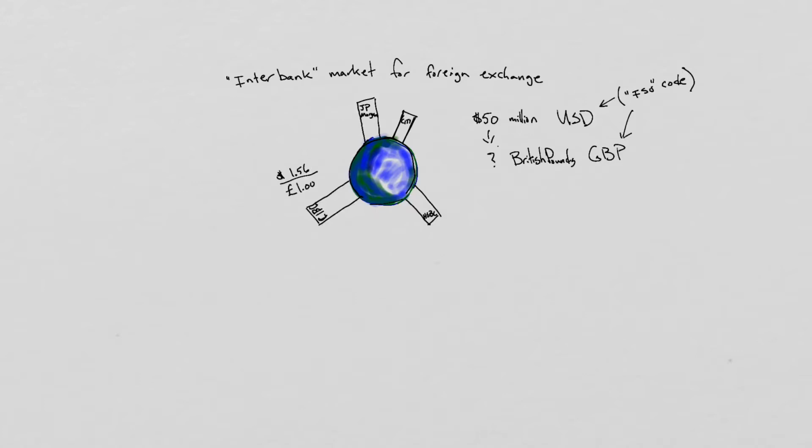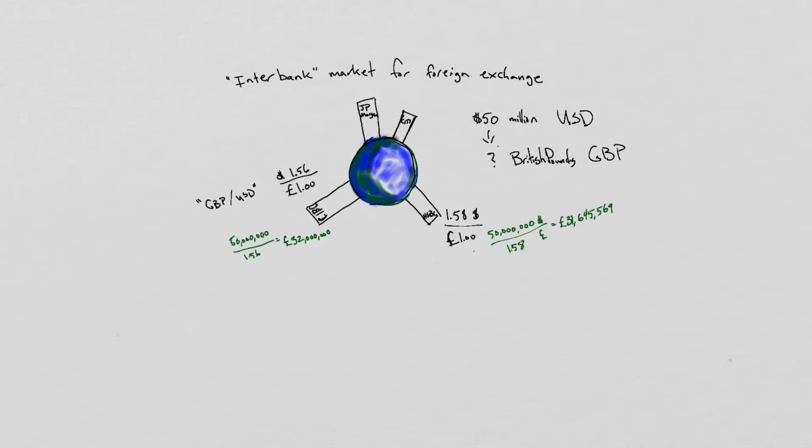CIBC might offer, say, $1.56 for every pound traded, whereas HSBC might offer $1.58 per pound. If JP Morgan trades with CIBC, they know they get about 32 million pounds, whereas if they bought from HSBC, they'd be getting about 31.6 million pounds.